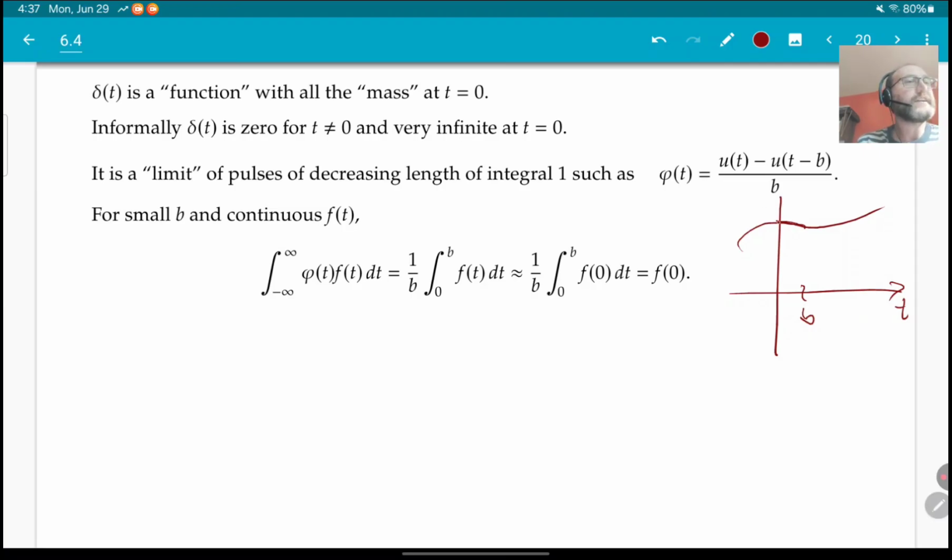It's very close to its value at 0, 0 is over here. So it's not quite the same value everywhere, but it's very close.